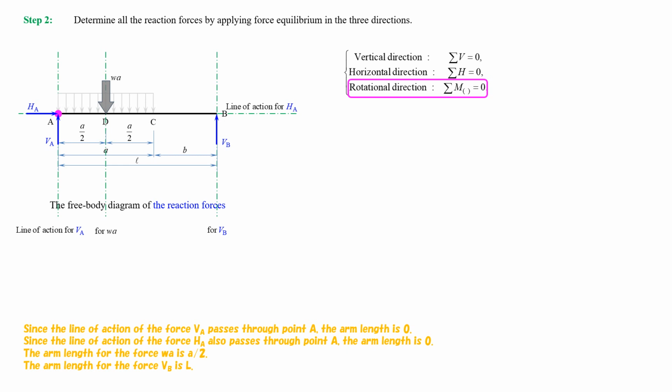Since the line of action of the force HA also passes through point A, the arm length is 0. The arm length for the force W multiplied by A is 1/2 of A. The arm length for the force VB is L.